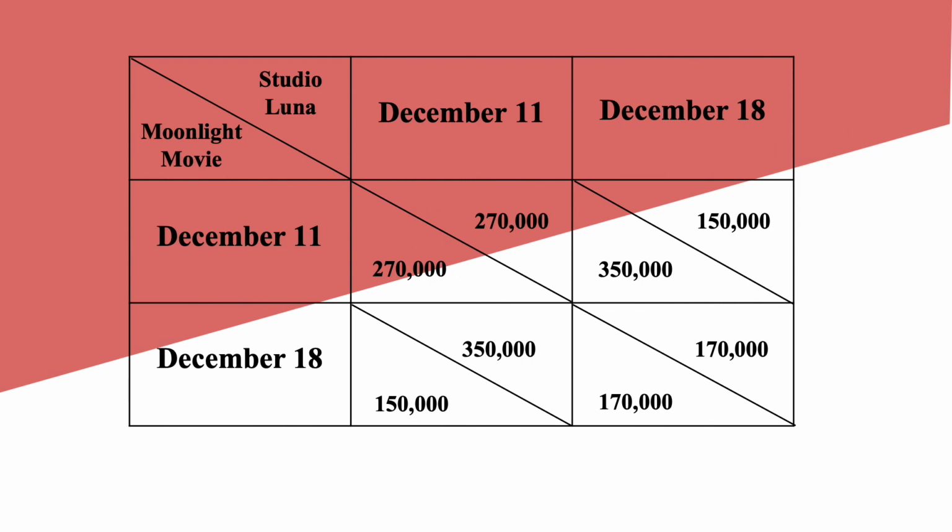Given that Studio Luna chose to release on December 11th, Moonlight Movies gains 270,000 if releasing on December 11th, and 150,000 if releasing on December 18th. 270,000 is better than 150,000, so let's use an arrow to point from 150,000 to 270,000.